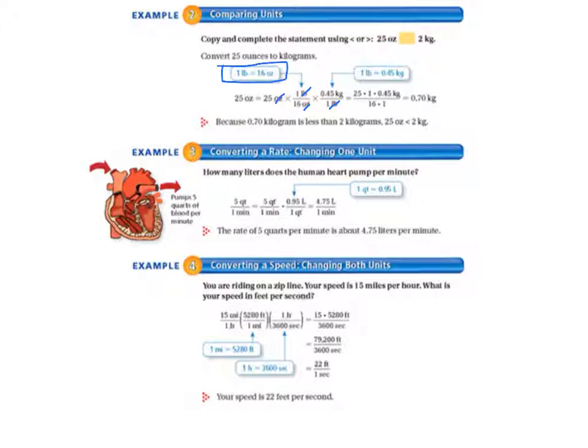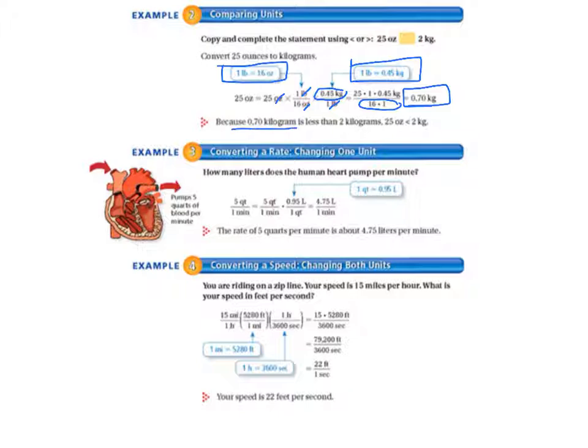So you have 25 times 1 times 45 hundredths kilograms, because in your next step, you are using the conversion factor of 1 pound is approximately equal to 0.45 kilograms. So when you multiply all of that, which is really just multiplying 25 times 45 hundredths of a kilogram, and then you divide it by 16, you end up with 71 hundredths of a kilogram.